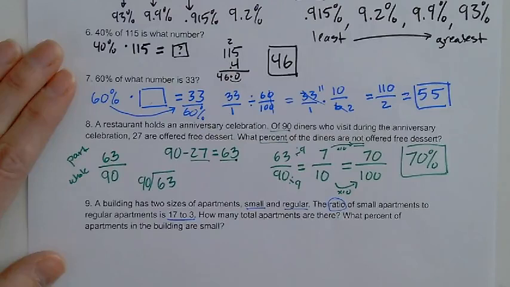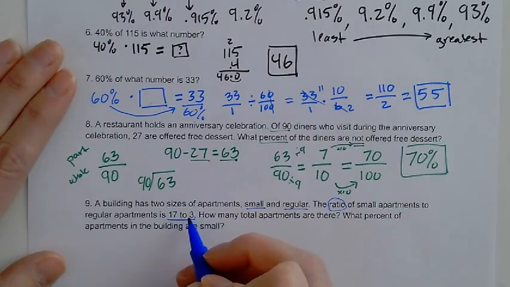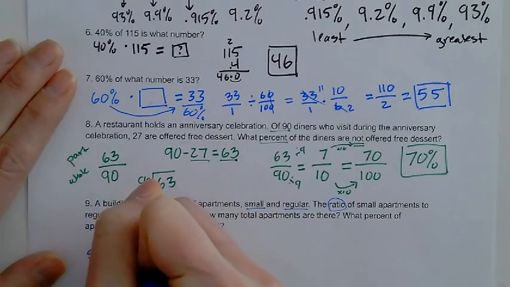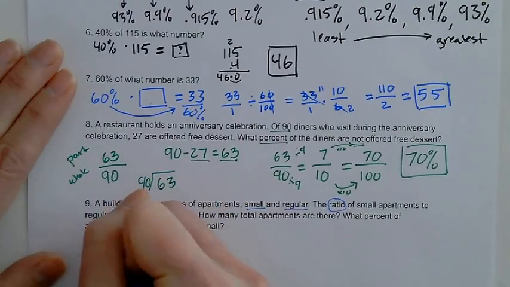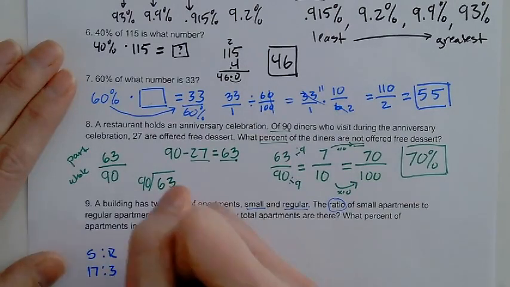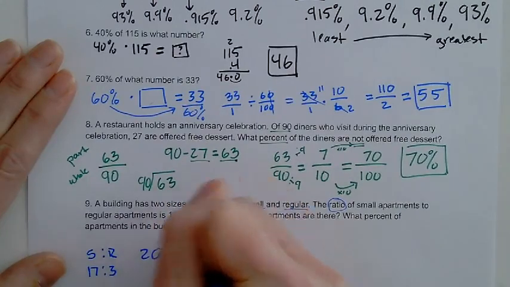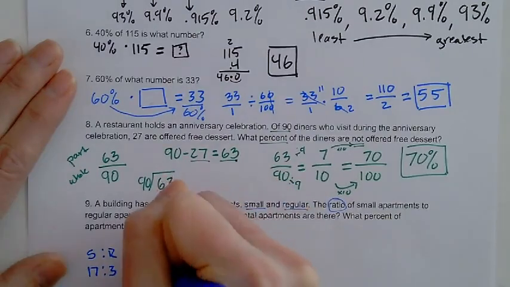Well, if I have a ratio of small to regular apartments of 17 to 3, alright, what's 17 plus 3? It's 20. So I have 20 total apartments. That's my first answer I need.